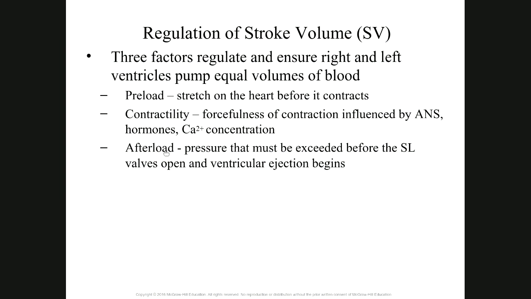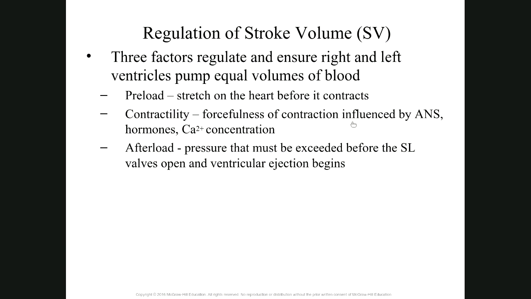We have a direct relationship between the venous return, the blood which returns from the veins, superior vena cava, inferior vena cava, and coronary sinus, and the stroke volume. So they are related to each other. The other one is the contractility, the forcefulness of contraction influenced by the autonomic nervous system, hormones, and calcium ion concentration.